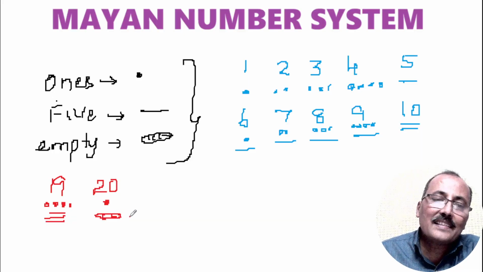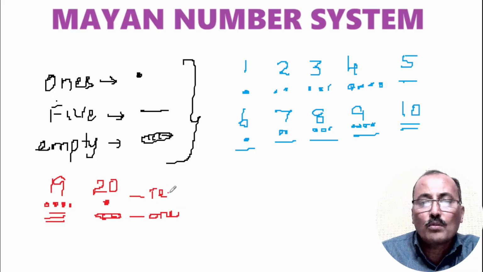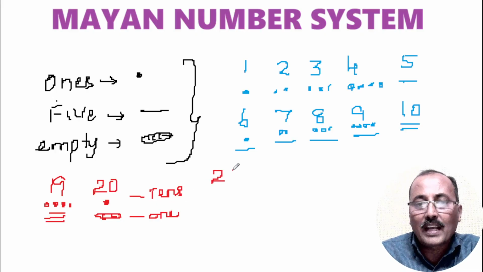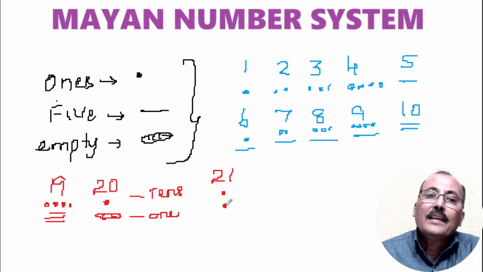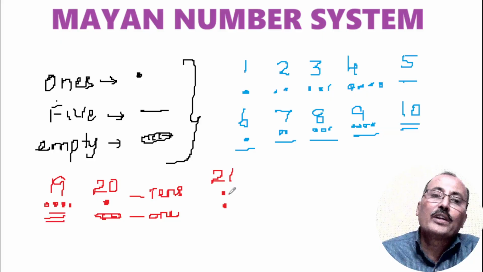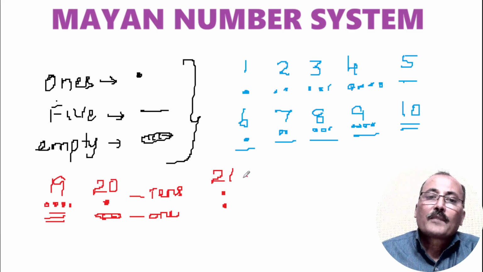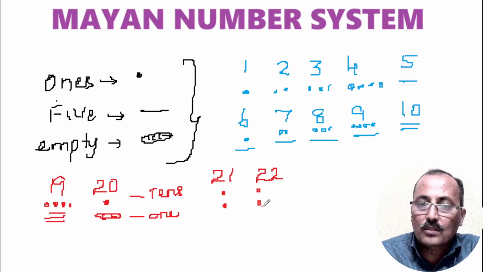Now one dot is in the 1's place and one is in the next place. So more or less they used place value also. Then for 21, it is 1 and 1: 1 in the 1's place and 1 in the 20's place.